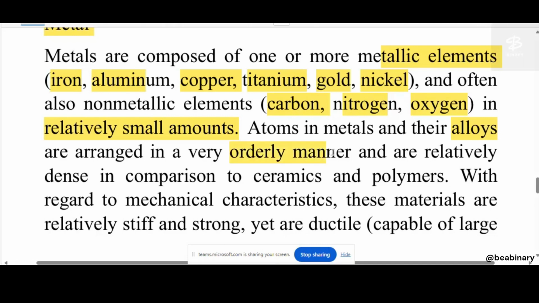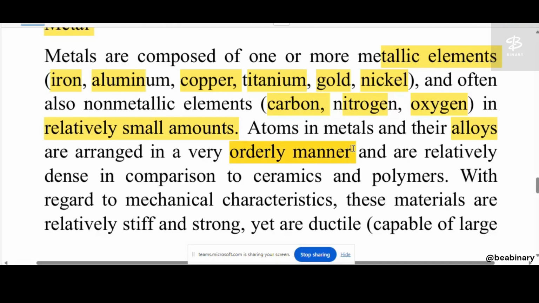This is the most important. So defining metal is not just the pure metal of metallic elements. It could have a non-metallic element as well, but in a very small amount. But the most important thing is how they are arranged.